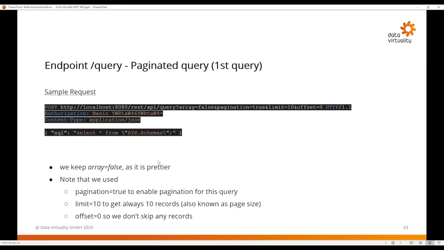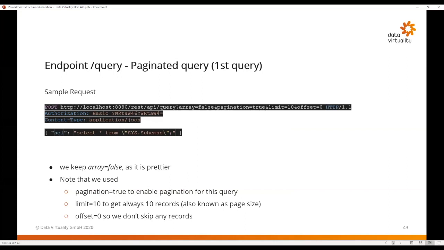Now, what if we want to do the pagination? So this gets slightly more complex, but let's just try to do everything step by step. If we take a look at the query URL, we still have array equals false, just because I want to keep this style of results representation till the end. And now the very first query gets this parameter pagination equals true.